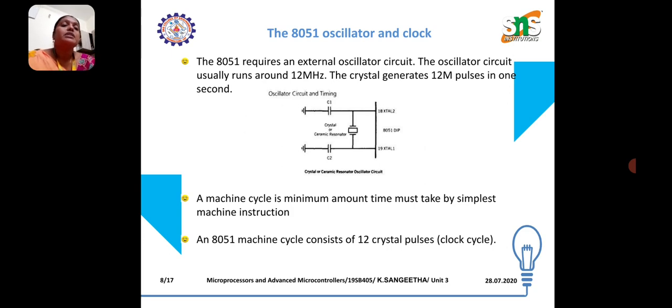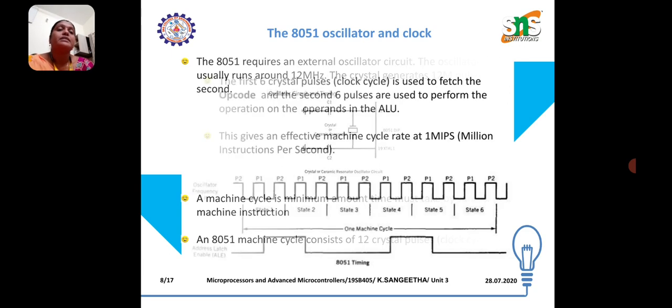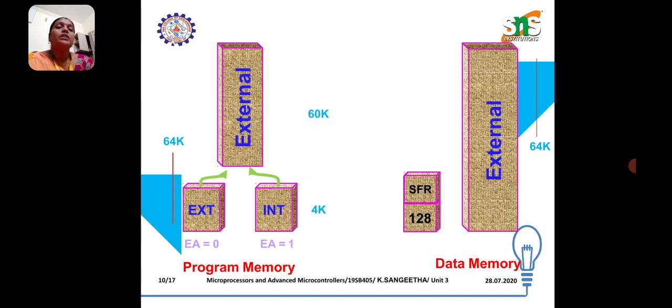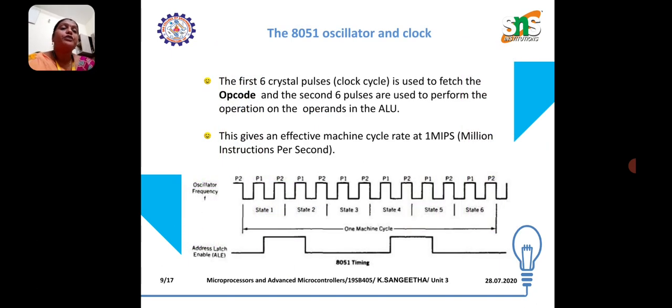The 8051 machine cycle consists of 12 crystal pulses. The first 6 clock pulses are used to fetch the opcode, and the second 6 pulses are used to perform the operation on the operands in the ALU. This gives an effective machine cycle rate of 1 MIPS, where MIPS means million instructions per second.